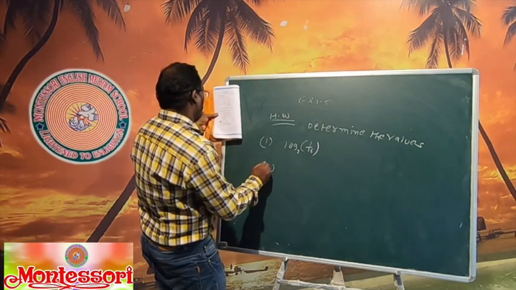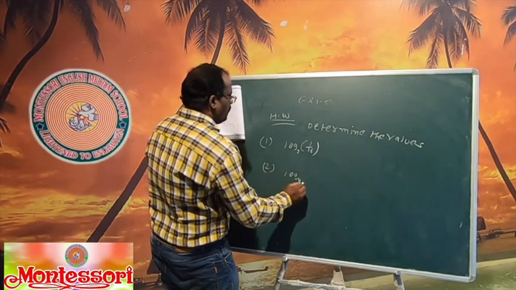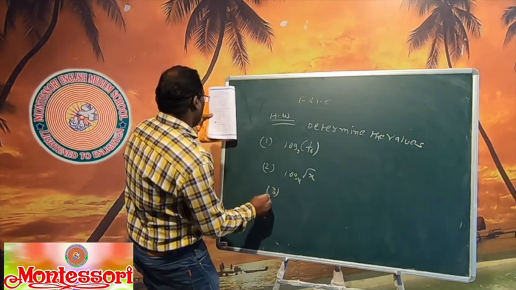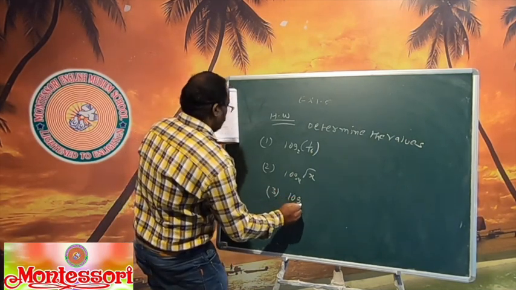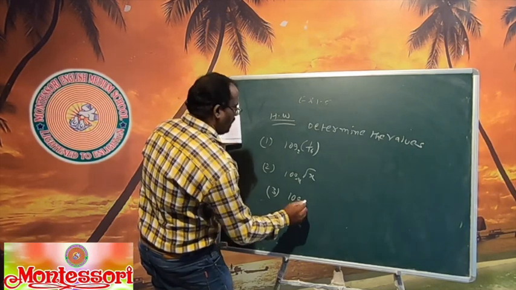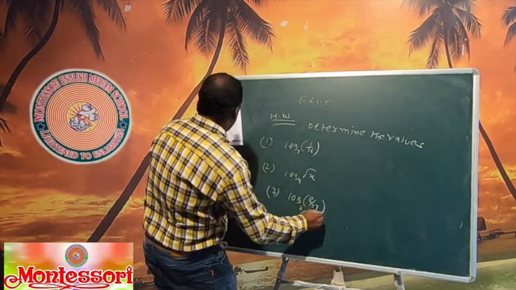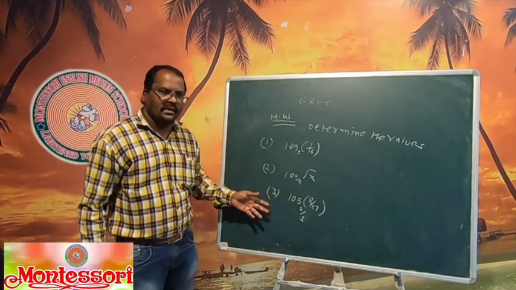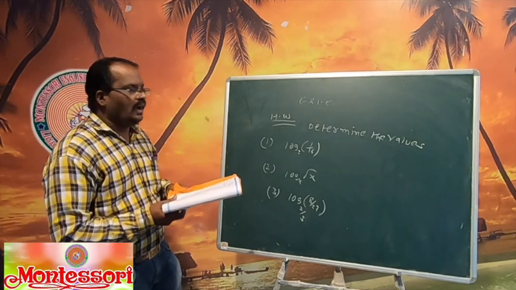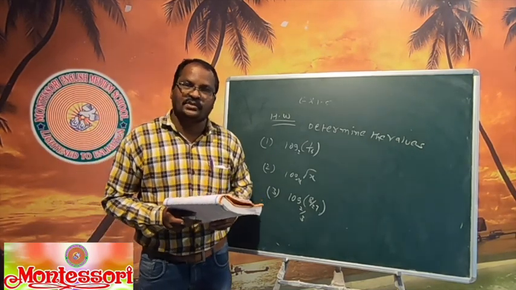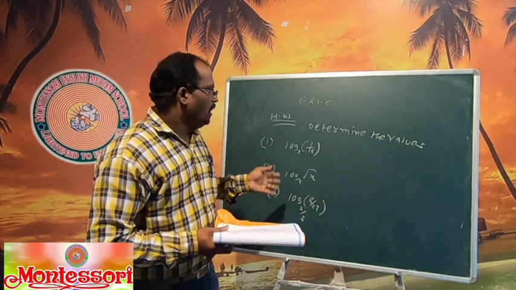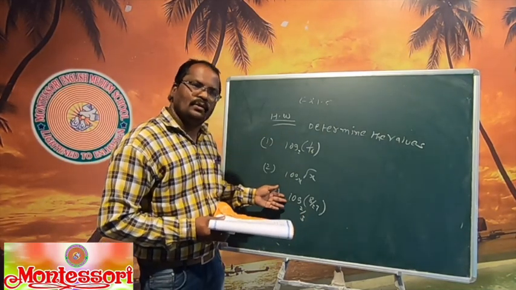Question number 2: log of x root x. And another: log 2 by 3 of the bracket 8 by 27. These 3 questions you can do as homework. In total there are 9 questions here. Out of 9, I explained 6 questions and the remaining 3 are given for homework.